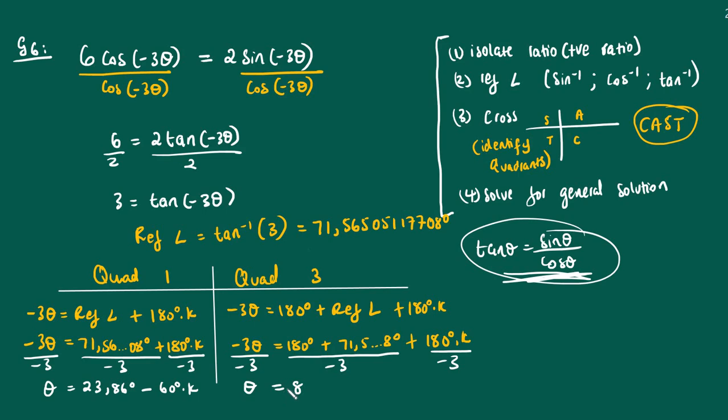You get negative 83.86, or even here it's negative 86 degrees minus 60 degrees times k. So you put the word or here, then you say k is an element of the integers, right? Then that will be it.